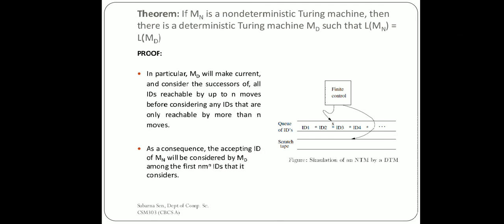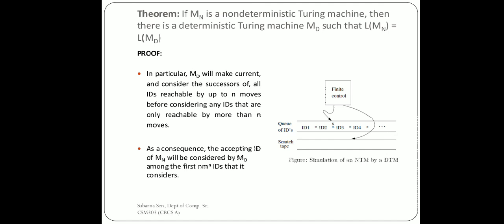Here, MD will consider the successors of all IDs reachable by up to n moves before considering any IDs that are only reachable by more than n moves. So up to n moves, there are different IDs it needs to process, and after n moves, the remaining IDs will be explored.